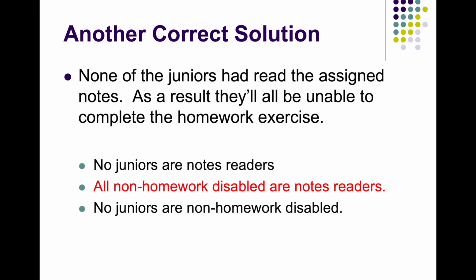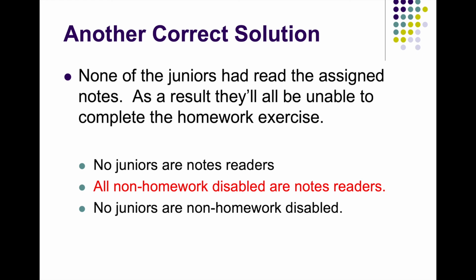But then here's another correct solution. If we go back and have no juniors are notes readers, we could also obvert the conclusion statement to make it negative, which means that missing premise is going to be a universal affirmative. And we know that because you can't have two negative premises. But again, we end up with a missing premise that's the logical equivalent of the other missing premises, because the logical relations are the same.